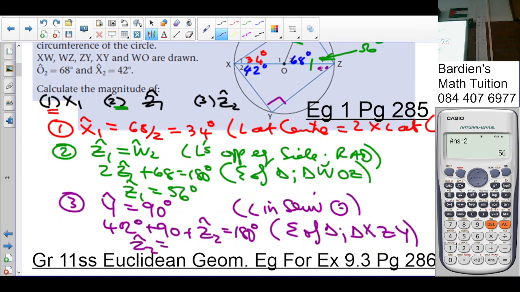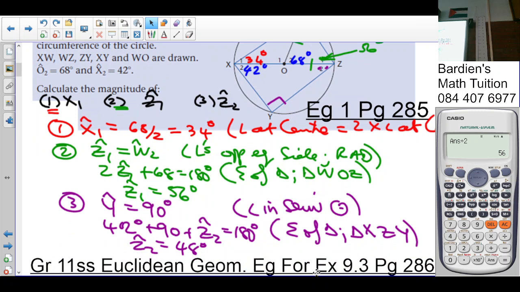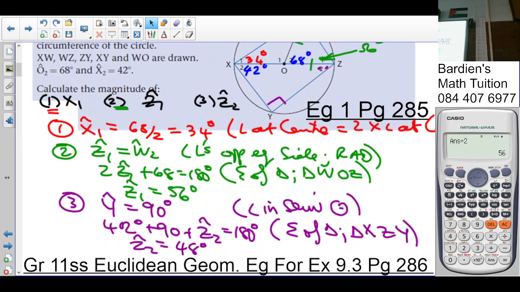So angle Z2 is equal to 180 minus 90 minus 42, which is 48 degrees. Is that correct? Okay, any confusion there, people? You all understand? Okay. That will come in the next year. Any confusion? No questions?